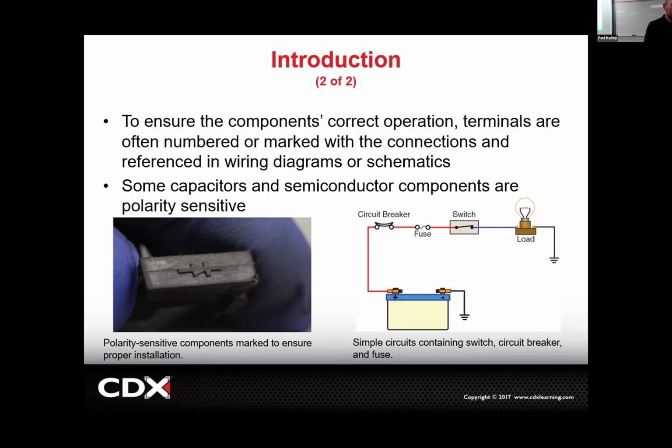Cool. And then just as a side note, this is actually a diode, and you'll notice the diode has a symbol on it because it's what we call polarity sensitive. So if it's this type of a bulb, you could put that bulb in either way. But if it's an LED on a car, a lot of times those have to be installed a certain way. And if it's a car that came with LEDs, they'll probably make the connector so you can't put it backwards.